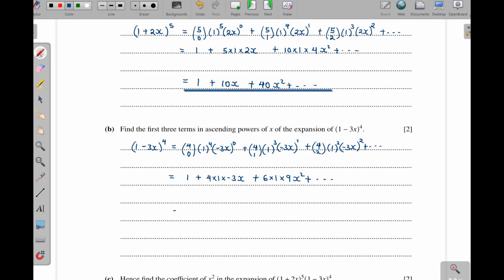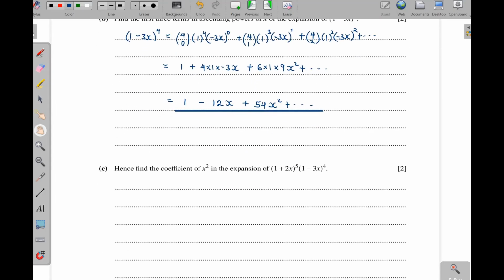So altogether, this one will give me 1, then minus 12x, and then 6 times 9 is 54, because 9 times 5 is 45, so plus 9, you get 54, then x squared. So that is what we are having there.